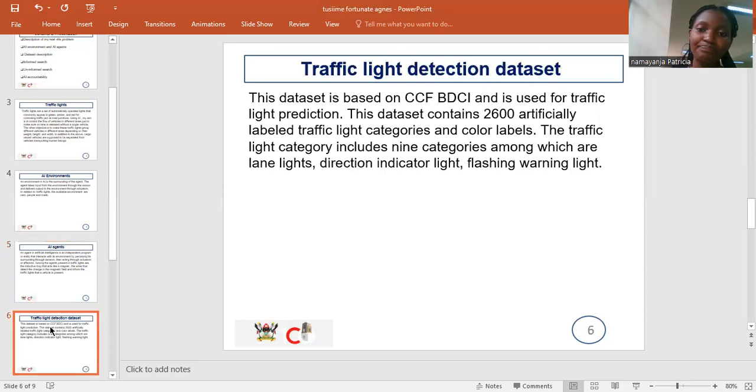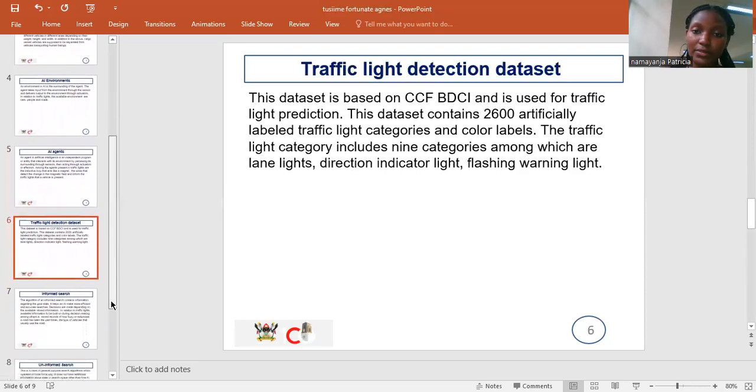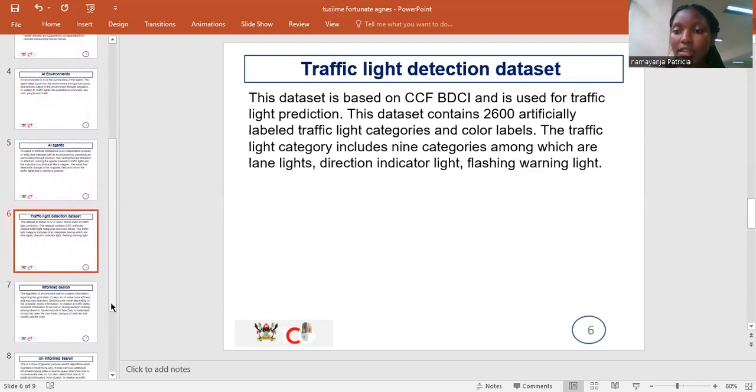Then moving on, like we did previously, we talked about our data set, and it's still the same data set, the traffic light detection data set. It has not changed because you're still working on the same project. This data set is based on CCF BDCI and is used for traffic light prediction.